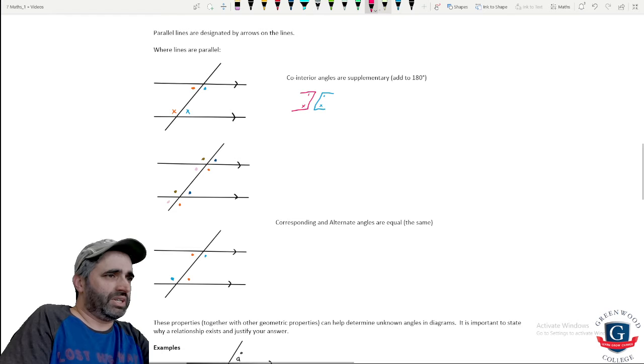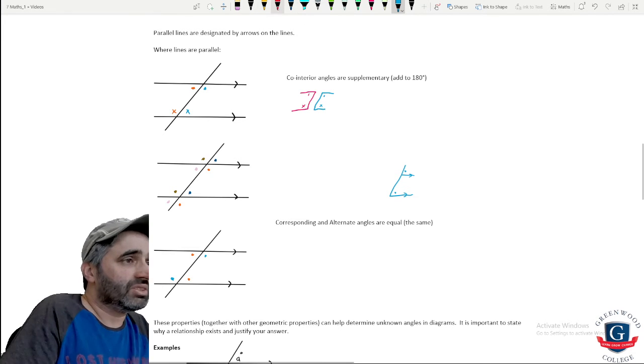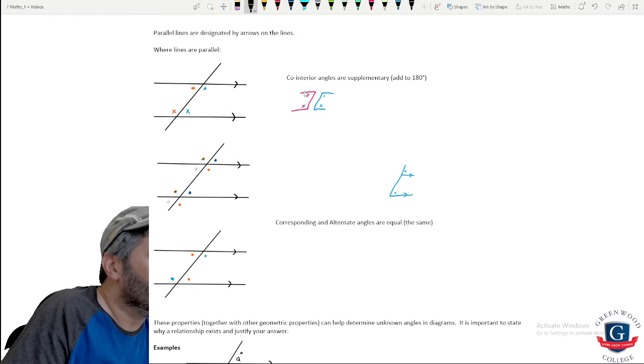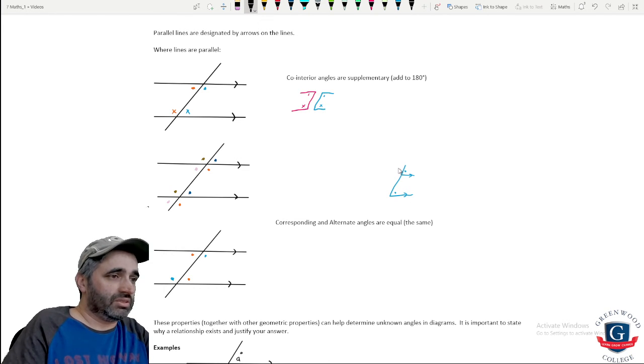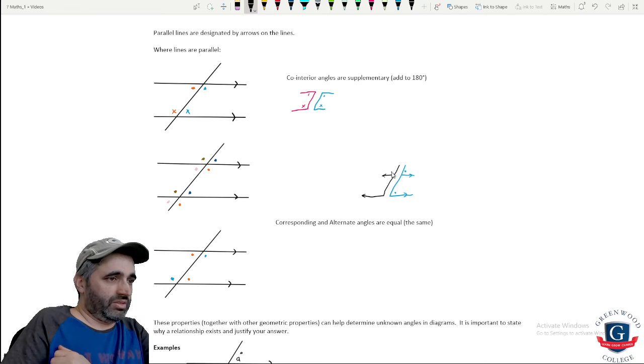The F ones are a little bit harder to see. So if I do the blue one, if that's one of the parallel lines and that's the other one, that spot there would be here, that spot there would be here. Similarly for the brown one on the other side of it. For these two here, that would be that one.